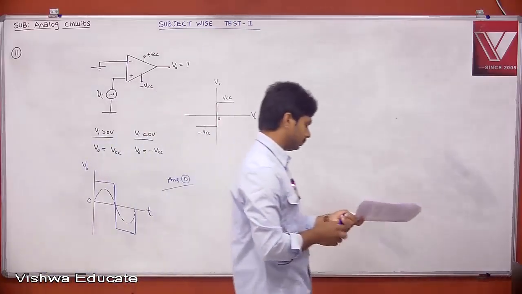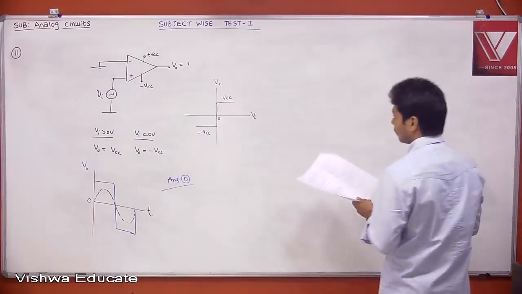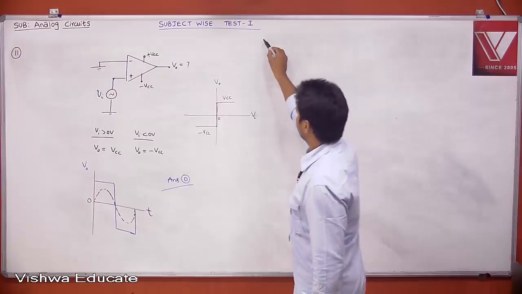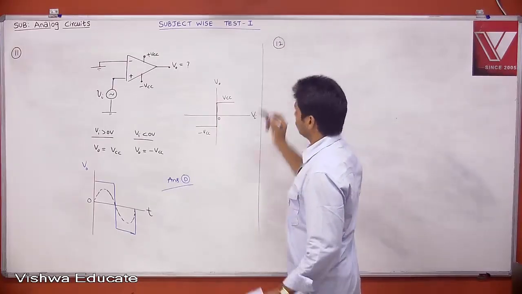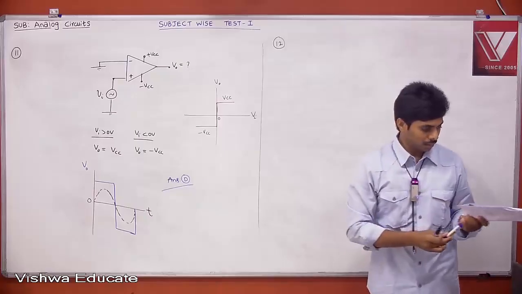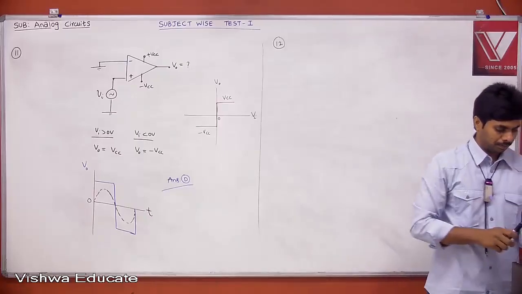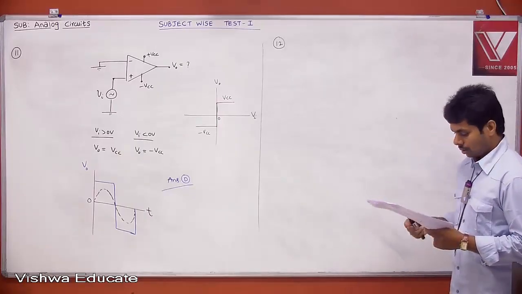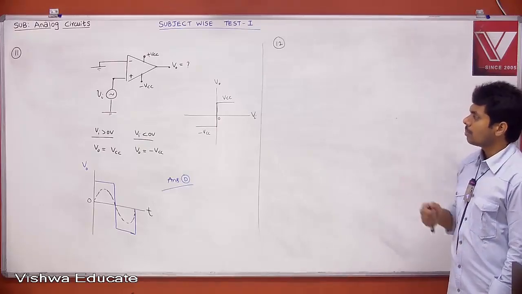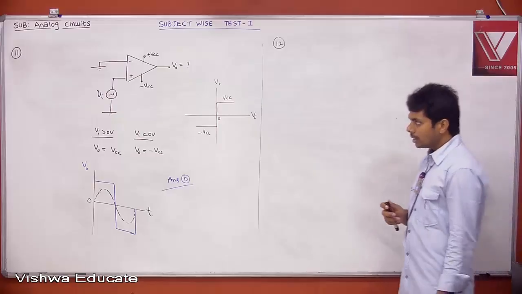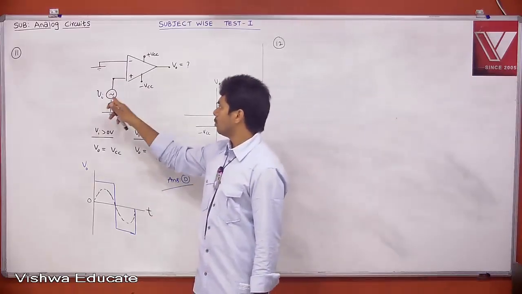Therefore, the answer is D. It is a square wave. Done, right? After this, problem number 12. It's simply a comparator, but he didn't say to apply the input sine wave only at plus.